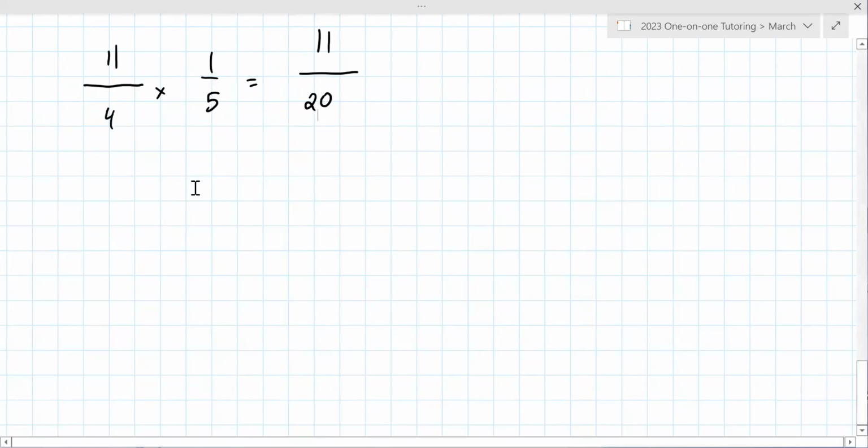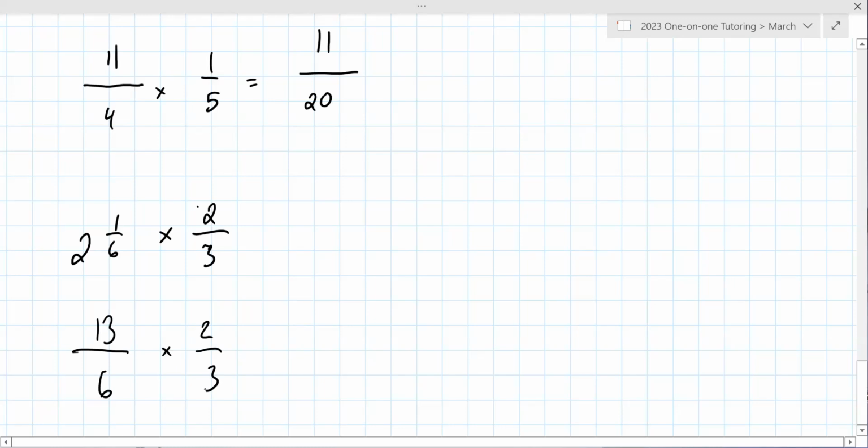All right, what's next? 2 and 1/6 times 2 over 3. Okay. All right, same thing here. You got to make that first one an improper fraction. 13 over 6 times 2 over 3. There is pre-reducing here.